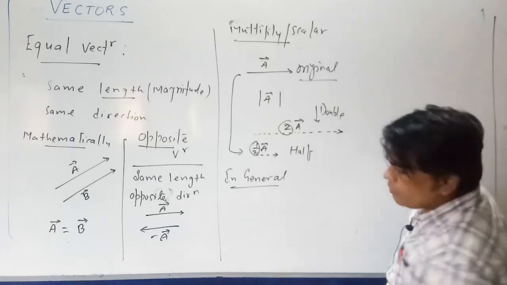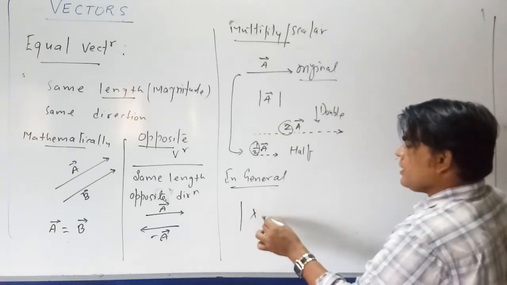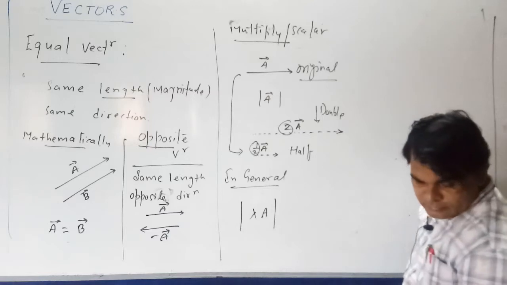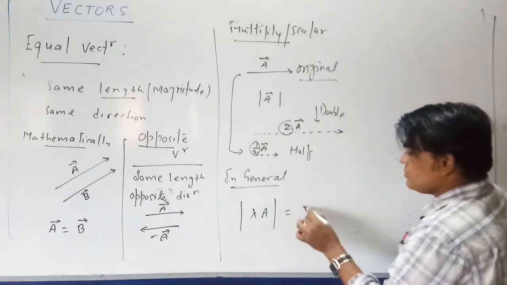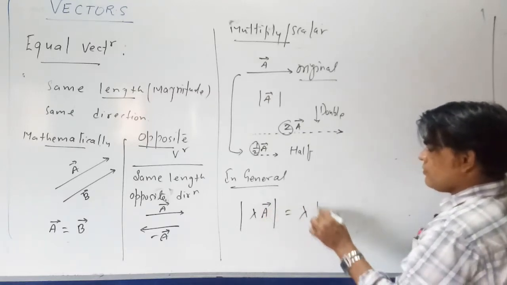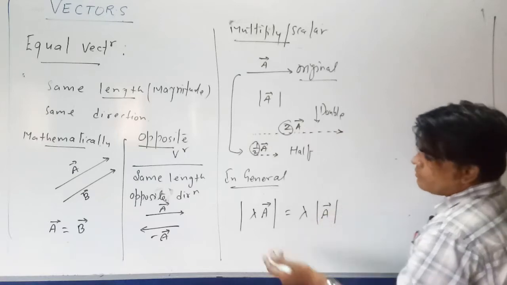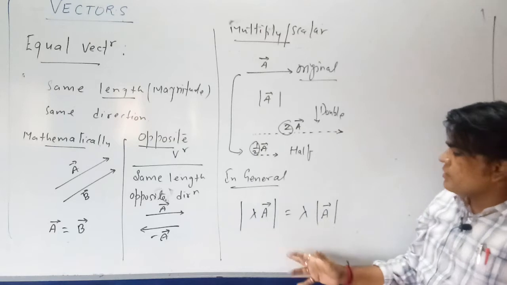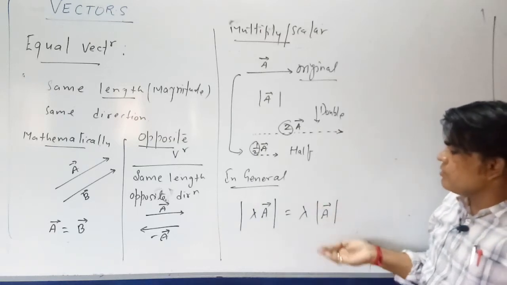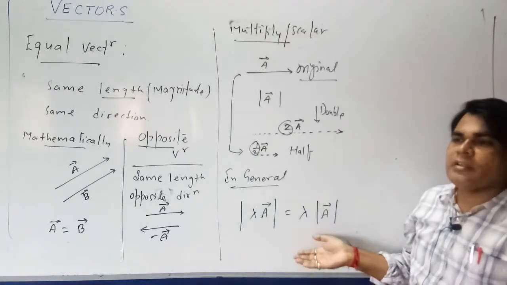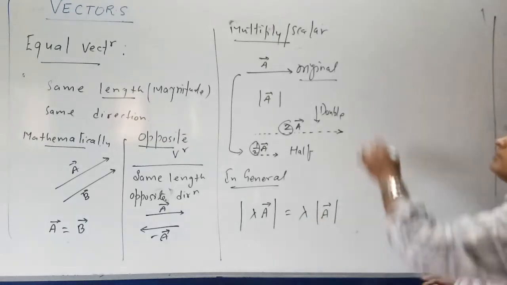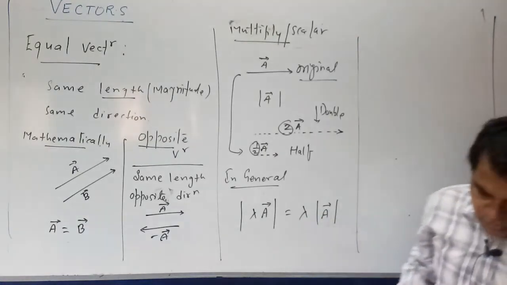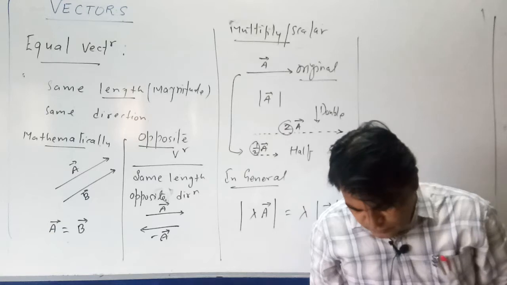So we can write lambda times vector A is equal to lambda times the magnitude of A. Simply, if you are multiplying a vector with a scalar, it means the magnitude is multiplied by the scalar. Hope you understand. Clear?